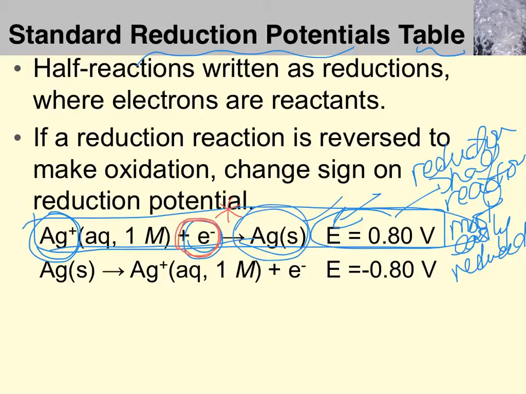So in any reduction half reaction, the electron is a reactant. If something's gaining something, it's part of the reactant side. Likewise, an oxidation half reaction means lose electrons. If you lose electrons, they're given off as a product. They're emitted. So the second reaction is written as an oxidation reaction.